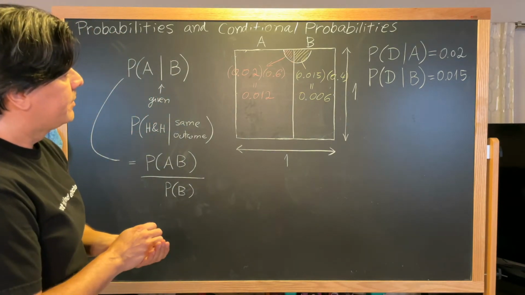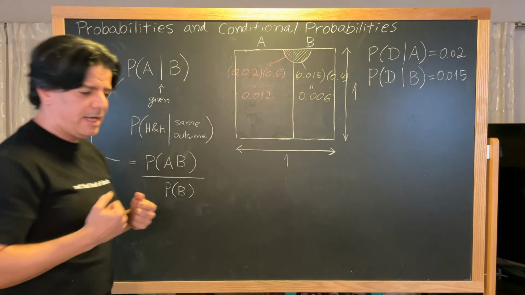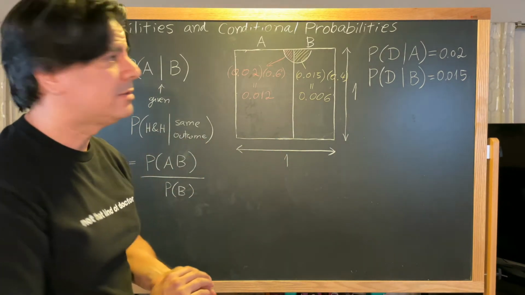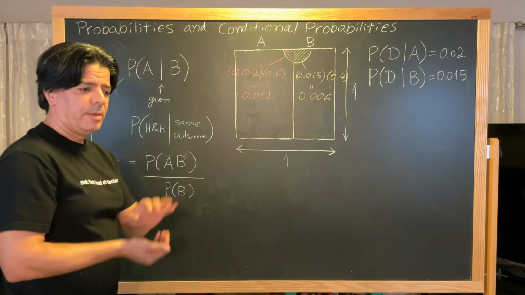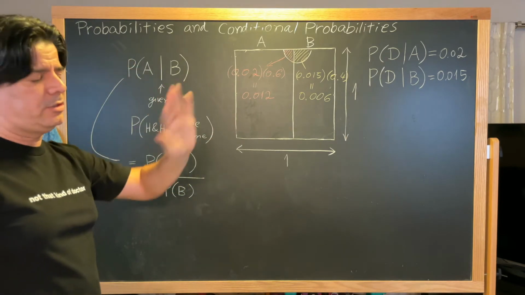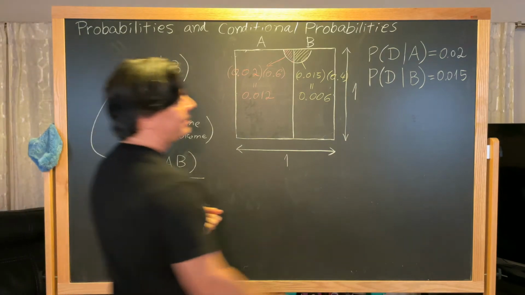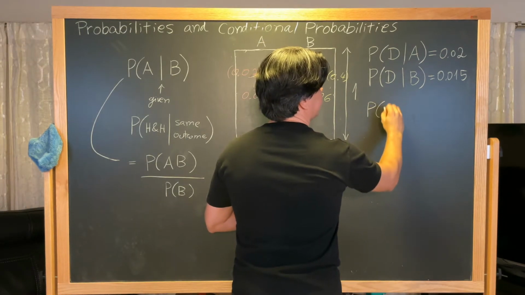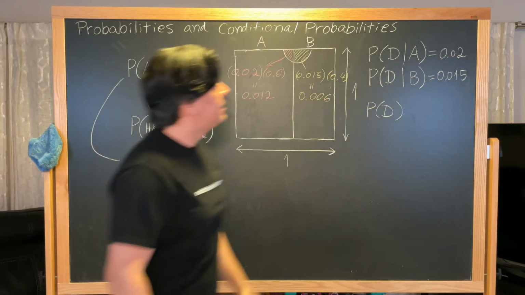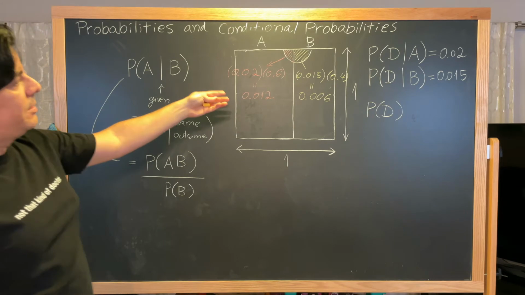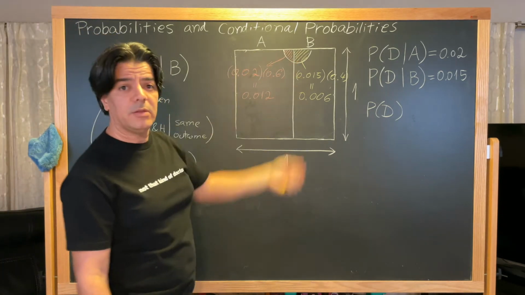Good. So if I pull out of this production of today's products, in which 60% came from A and 40% came from B, a product at random, I don't know which machine made it, what is the chance that it's defective? I'm asking you for the P of D with no condition, right? Well, for that, you simply have to calculate how big is the painted area, counting both the red and the yellow.